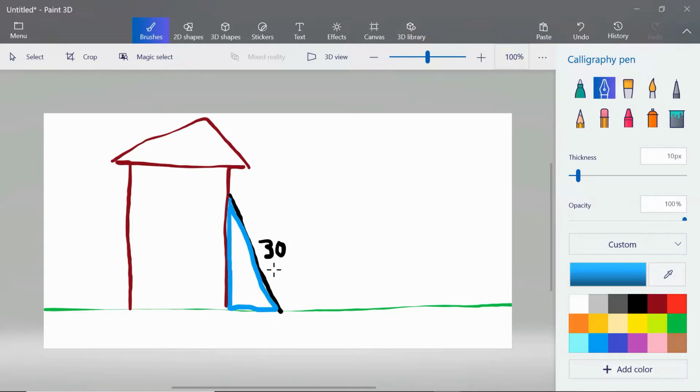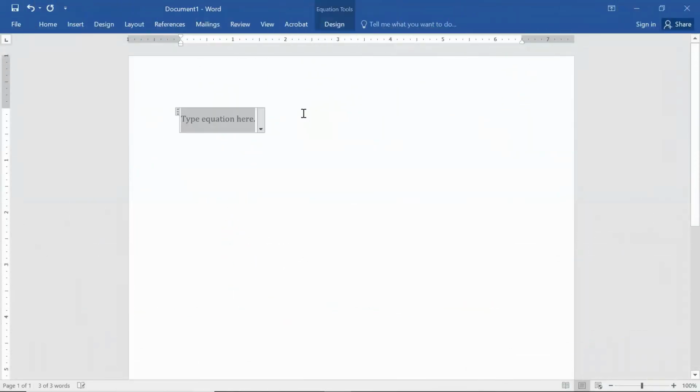That's the Pythagorean theorem. That's something you probably have seen before. That is the equation that we're going to use. A squared plus B squared equals C squared.